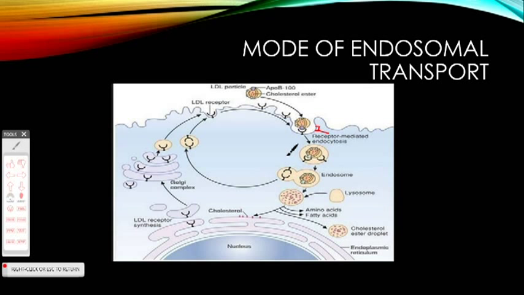Early endosomes are primarily characterized by the presence of a vesicle. This vesicle in the diagram is in the form of a bud. However, it is usually more elongated. The purpose of this vesicle is to transport receptors back to the cell surface after they have been bound to LDL molecules.